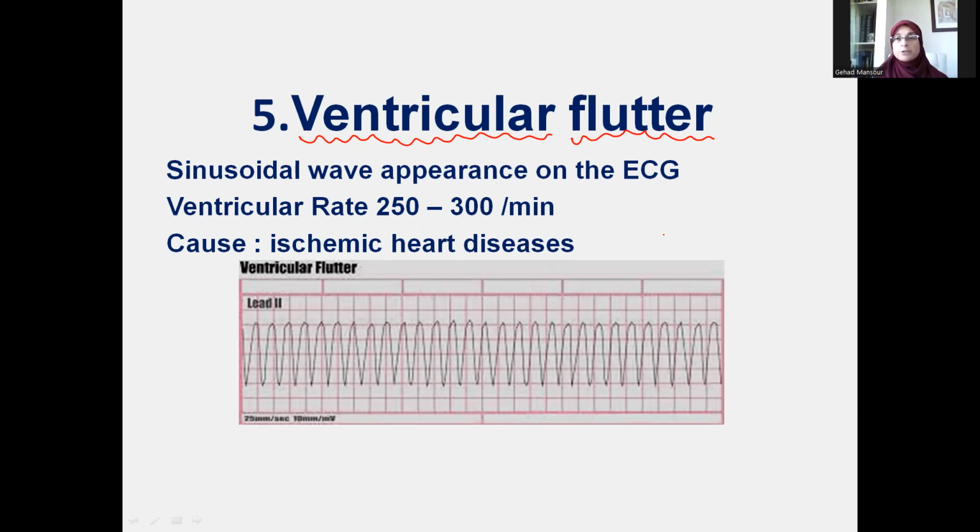So you cannot determine the Q wave, neither the Q wave nor the R wave nor the S wave. And the rate is very rapid. The ventricular rate is very rapid, ranging between 250 to 300 beats per minute.